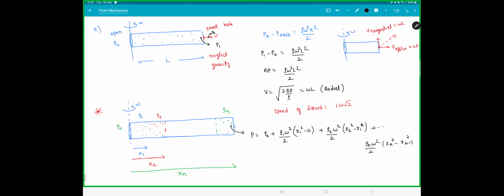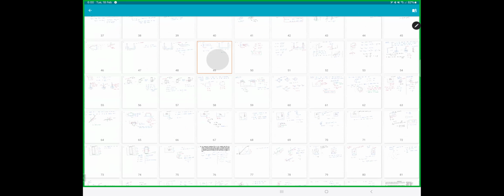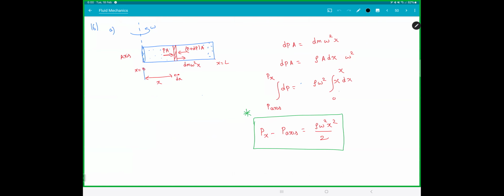How did we get this? If you remember the rotating case, in this integration, the limits will be what? First one will be 0 to x1. Second limits will be x1 to x2, no? When you take the limits, pressure difference from x1 to x2 will be x2 square minus x1 square. Then limits will be x2 to x3, then x3 to x4, and so on. Are you getting it?